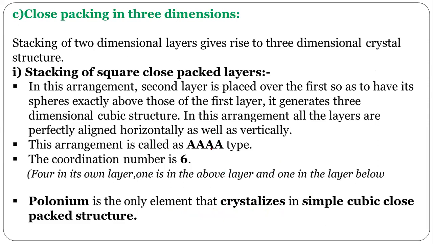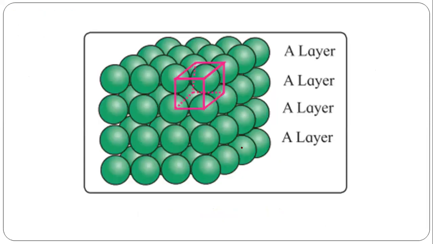In the case of three dimensional close packing, in the AA type of arrangement, the coordination number is 6. This is a three dimensional AA type of arrangement. We also prepare such kinds of models by using small balls. In three-dimensional square close packing, all the spheres are in an AA type of arrangement.